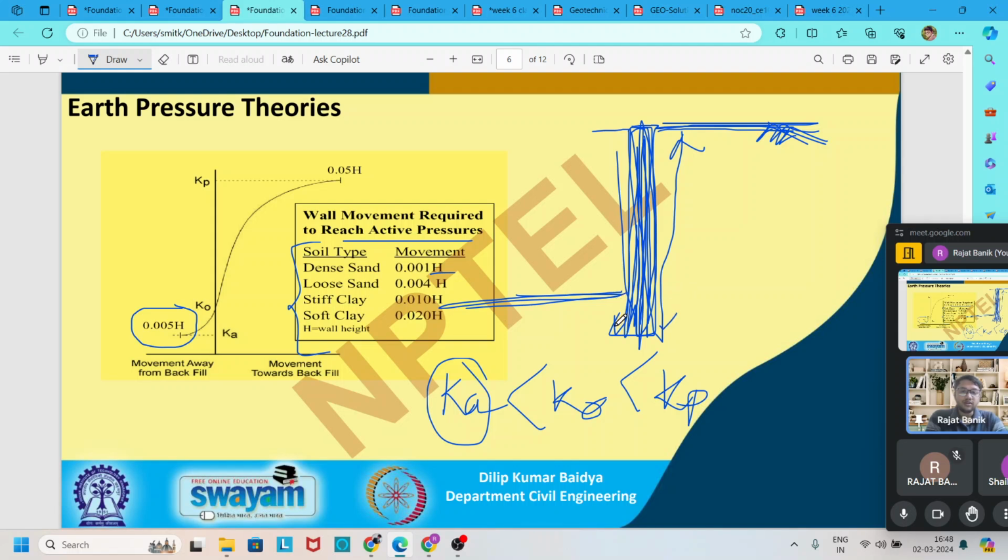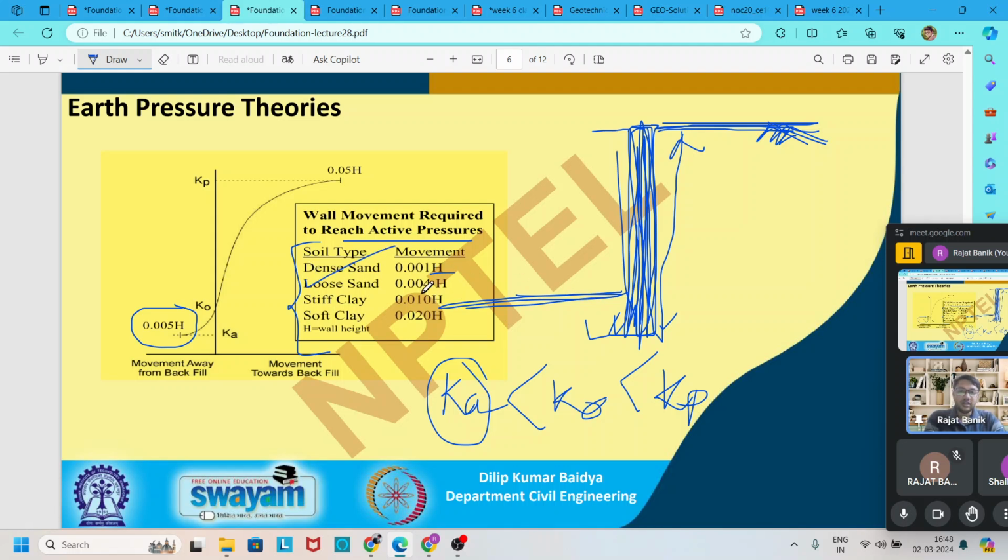So if the wall movement is 0.001 times H for dense sand, then we can say active earth pressure is generated, if the wall moves away from the backfill material.